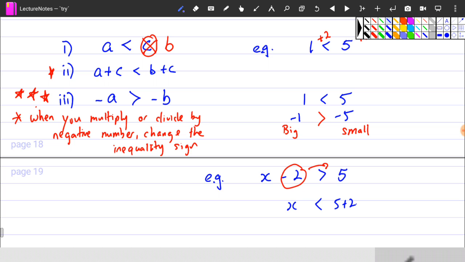Minus 2 bring over, negative number. Why not? You see, what do you see? Example the x, like 11 or something. 11 minus 2 is still greater than 5.